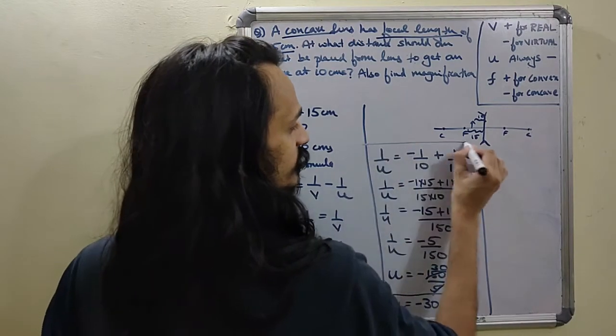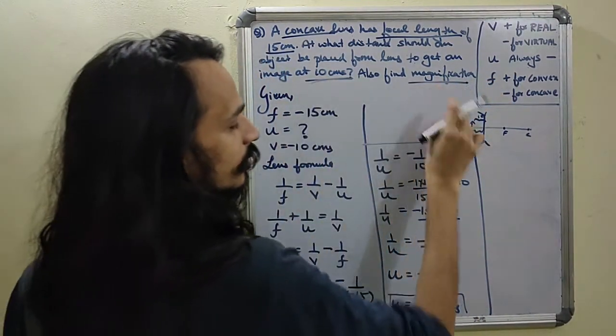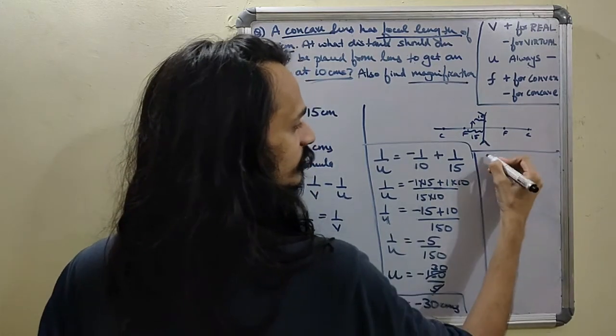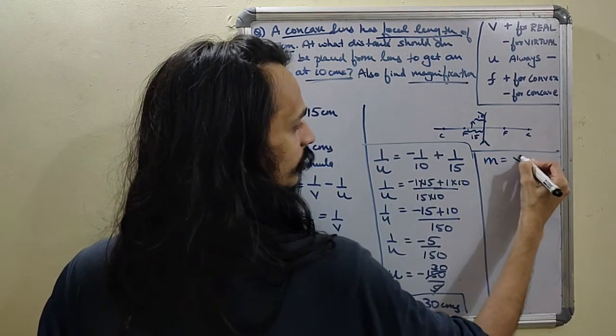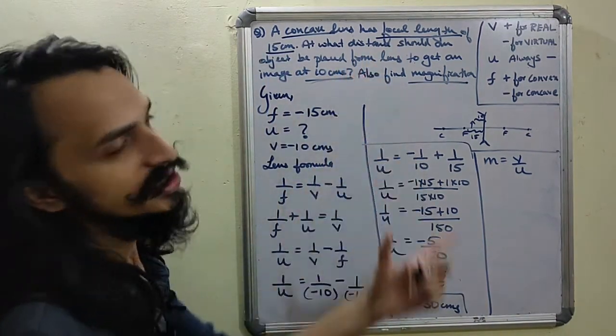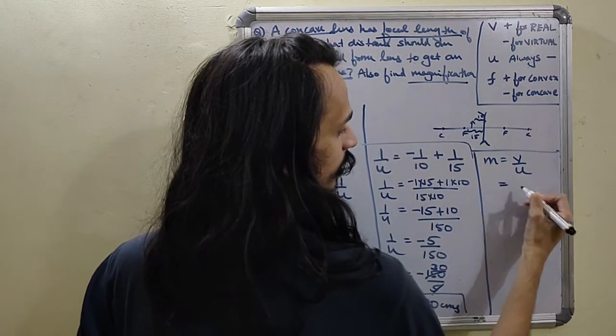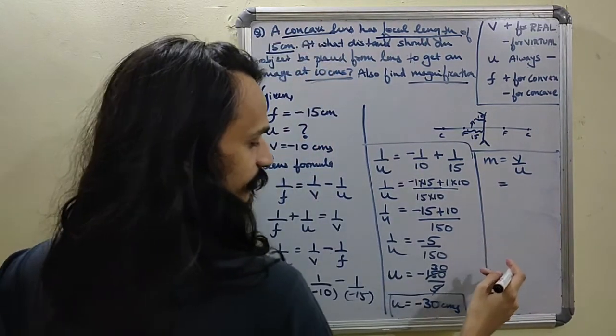Alright, so the next part of the sum asks you to find magnification. Now for magnification also we have a formula, v divided by u. I will not use the other formula, obviously, since I don't know the height of image and object. So I can simply write this: what is v?